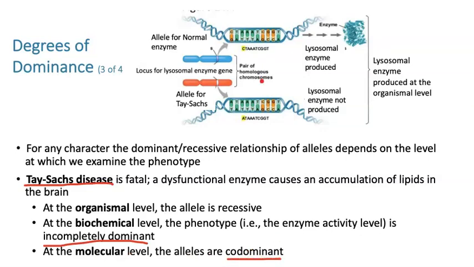And they're co-dominant because they are both going through this process. They're both showing up, right? They both exist as genes. So they're co-dominant. It's just a different way of looking at it. We tend to look at things at the level of the phenotype, and so we tend to refer to Tay-Sachs as a recessive allele.